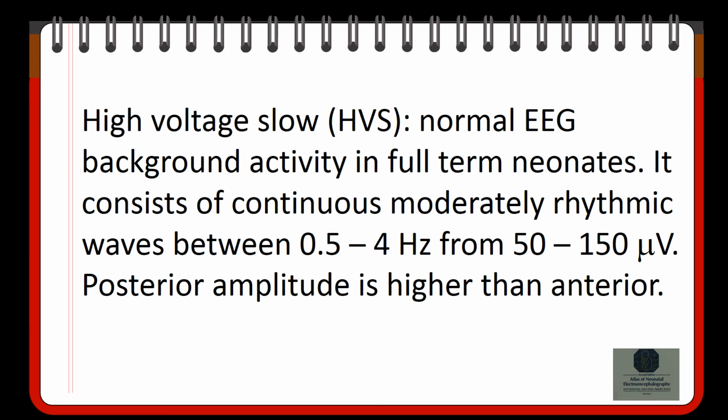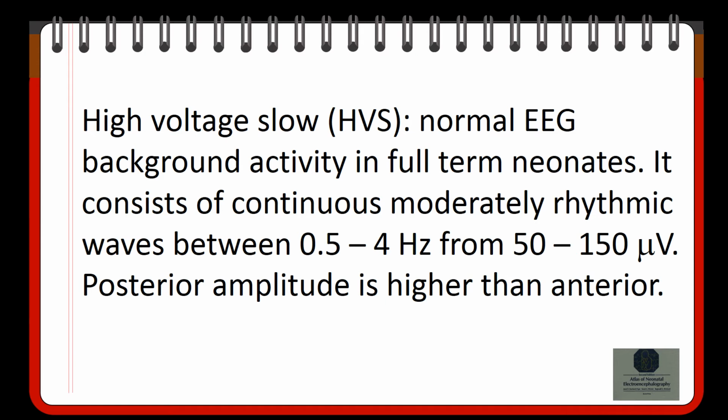High voltage slow wave is defined as a normal EEG pattern activity in full-term neonates. It consists of continuous moderately rhythmic waves between 0.5 and 4 Hz, ranging from 50 to 150 microvolts. This activity has posterior amplitude preference.